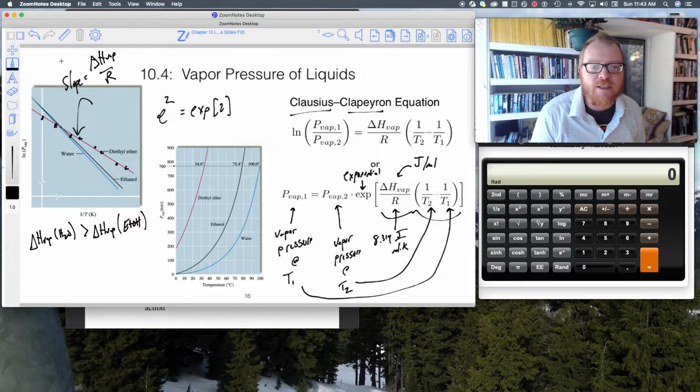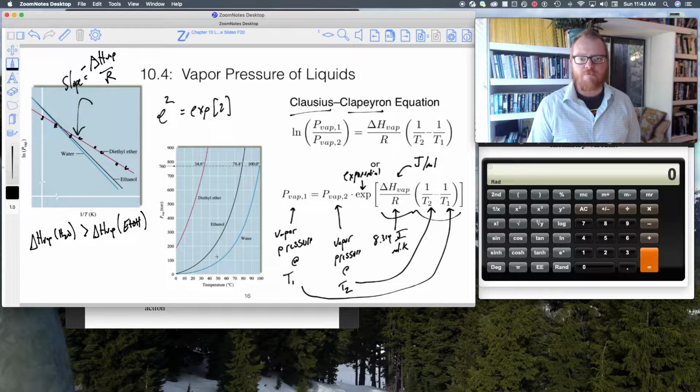Oh, and I forgot to say there's a negative sign right there, which I think I might have missed on my equation, but all the same, it's a negative slope, all right? No, I did not miss that negative sign. It's all good, okay? There's just a negative slope because of the natural log and 1 over T relationship. And so now we can definitely say that that is all greater than the delta H of vaporization of diethyl ether. So that would be an ETOET.